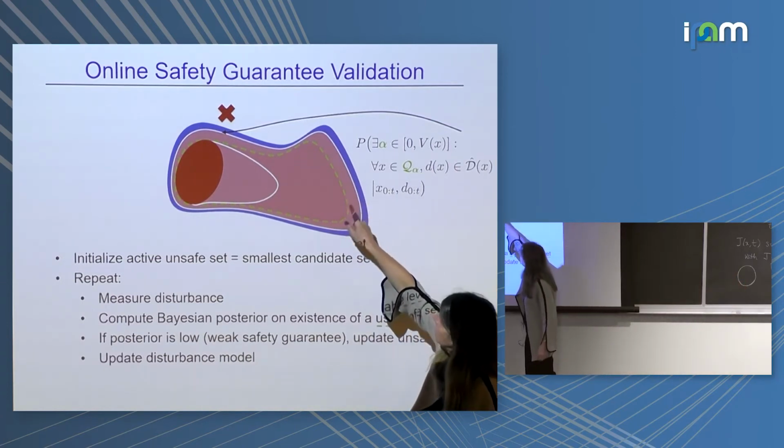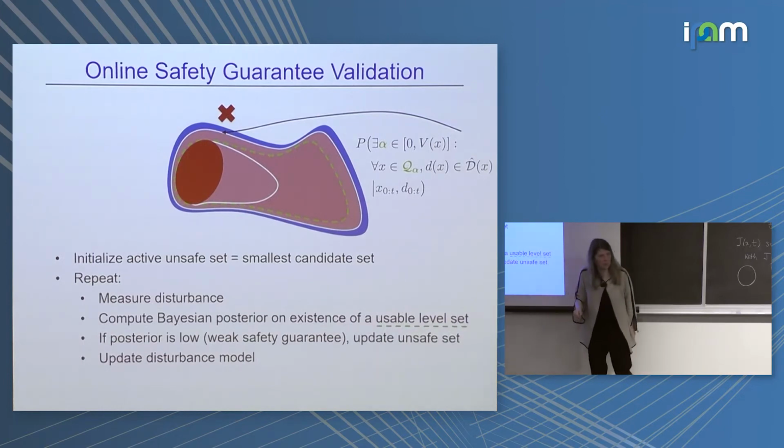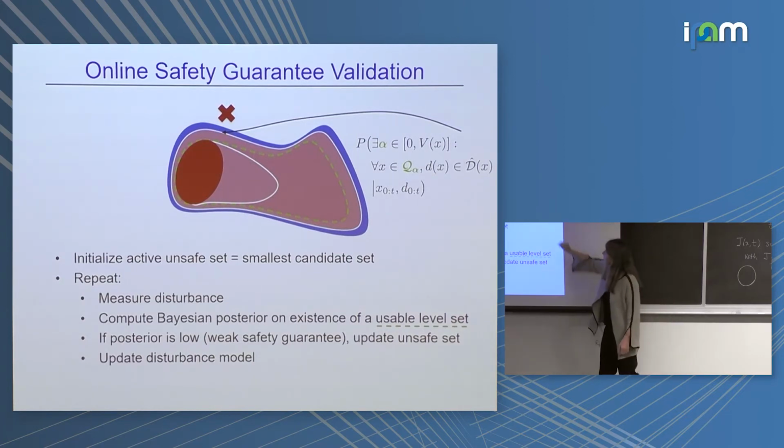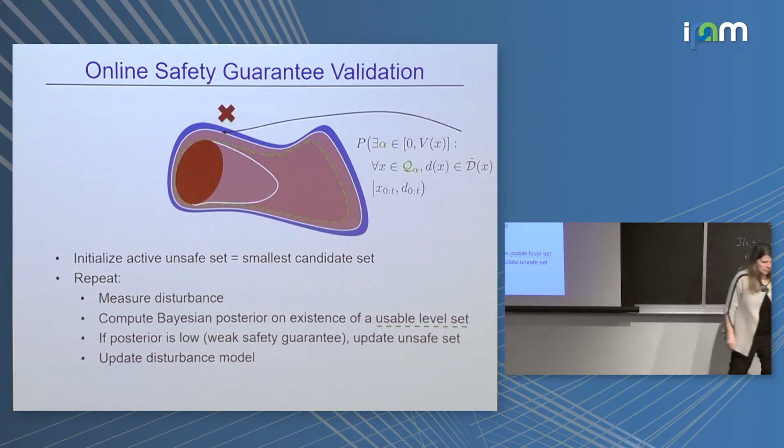So it expands to a super zero level set of that value function. So it coincides with the point where you first measured that disturbance was violated. Now you've got a level set which corresponds to the disturbance values that you're measuring in real time. And so this is the sort of Bayesian update that we use to do that.